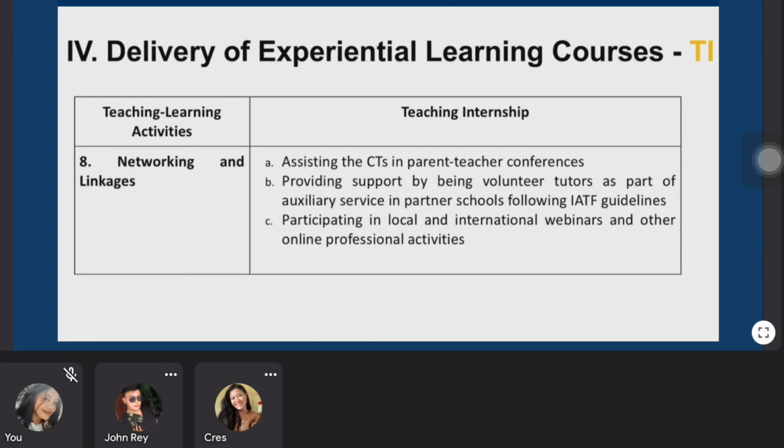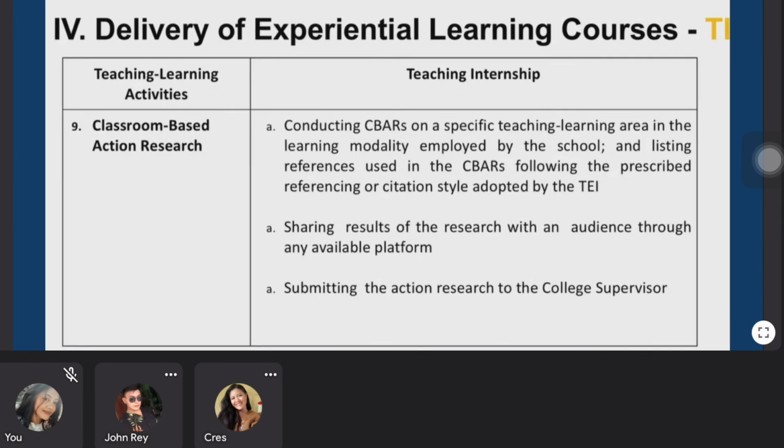Then, next one is classroom-based action research. First is conducting a CBAR on a specific teaching learning area in the learning modality employed by the school and listing references used in the CBAR following the prescribed referencing or citation style adopted by the TEI.